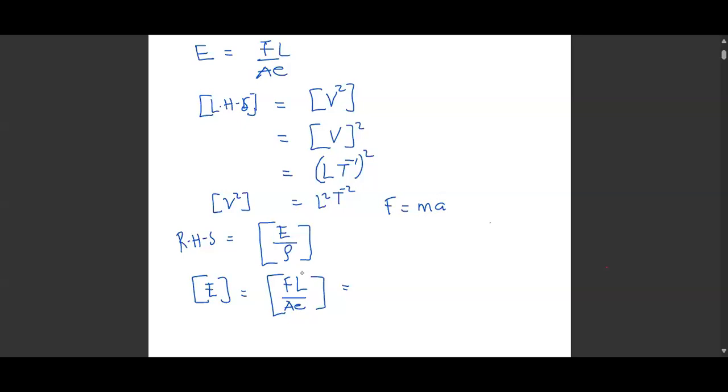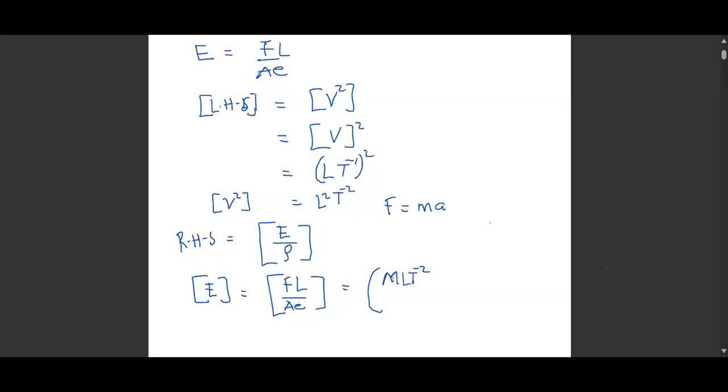So for this case here, once I bring in dimensions, our force is going to be mass, which is M, then acceleration, which will be L, then T power negative 2.